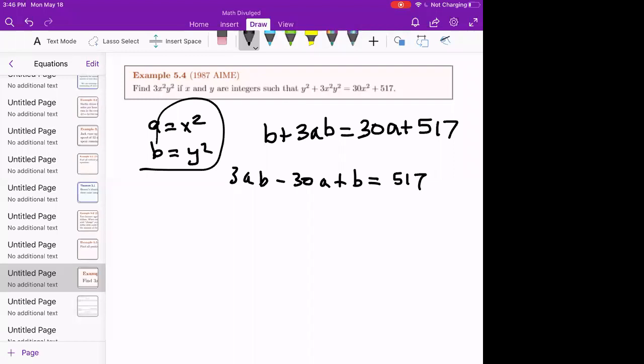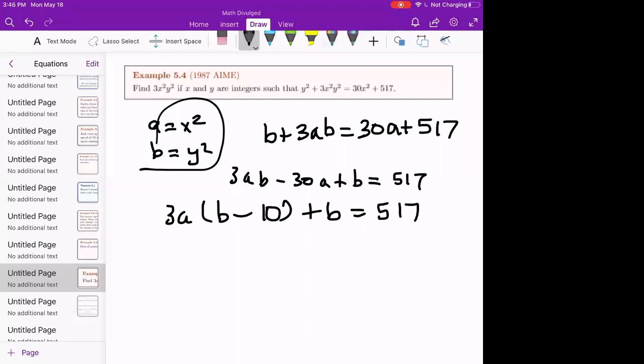So we're just going to go ahead and factor that out. We get 3a times b minus 10a, or not minus 10a, it's just minus 10. Oops. And then what we have left is just plus b is equal to 517.